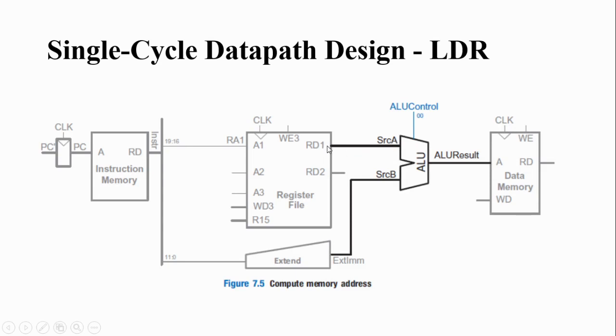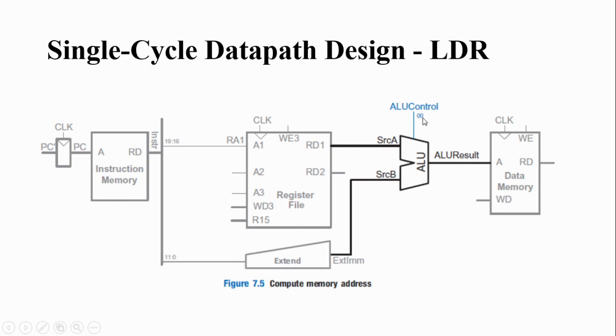In the ALU, the first operand will be the base address, that is known as source A. Second operand will be the 32-bit sign extended immediate value. These two, base address and the immediate value, should be added and given as the ALU result. So for performing some operation in the ALU, you have an ALU control signal. It is a 2-bit control signal.